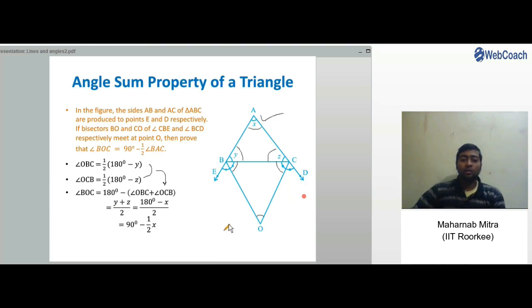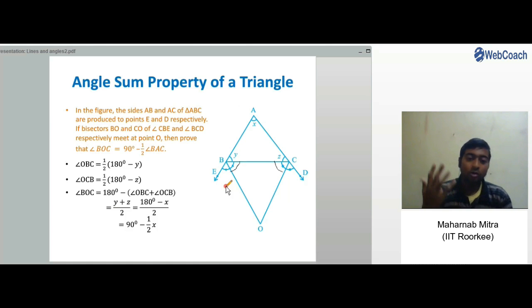So let me repeat the steps once more. First, we observed this triangle BOC and tried to find out the value of this angle and this angle by using whatever value is given here, the value of y and z, because they all were lying on the straight lines.